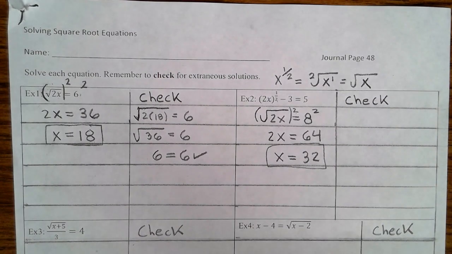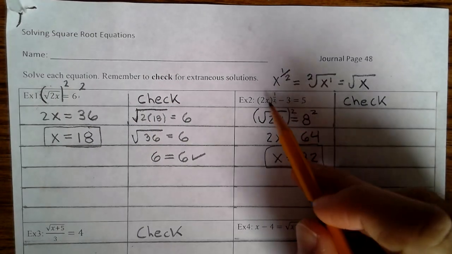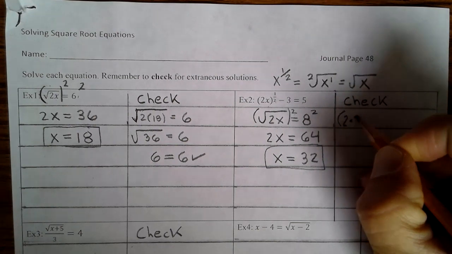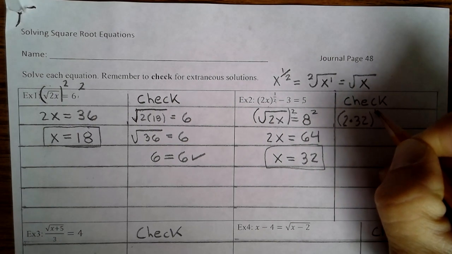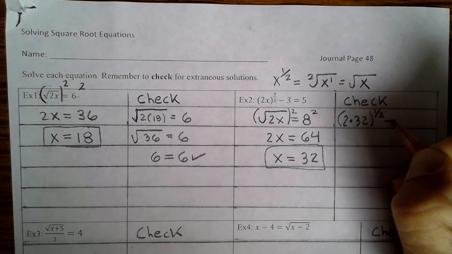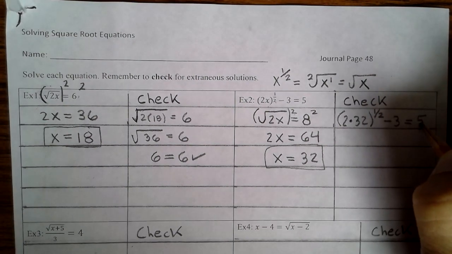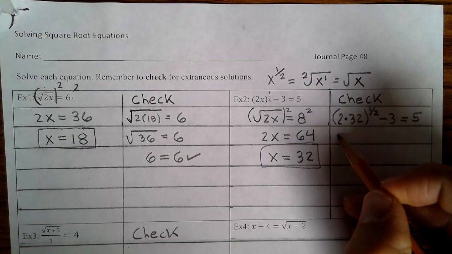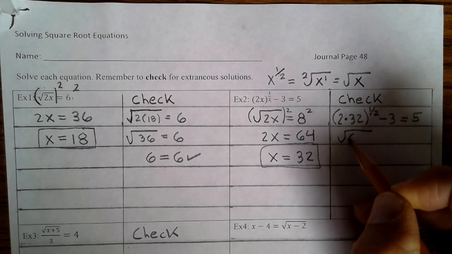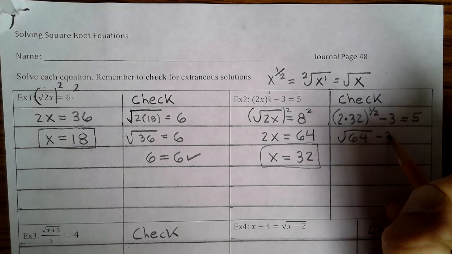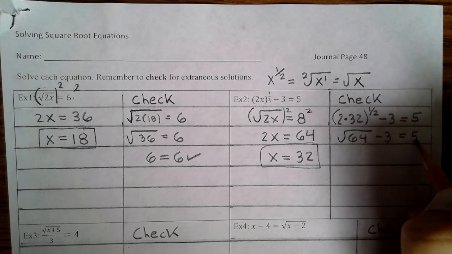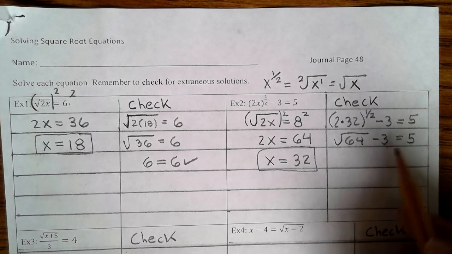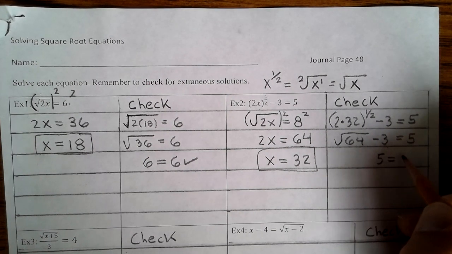We substitute 32 back into the original equation. So that's 2 times 32 to the 1/2 power minus 3 equals 5. Well, 2 times 32 is 64, so this is the square root of 64 minus 3 equals 5. The square root of 64 is 8. 8 minus 3 is 5, so 5 equals 5, so this checks.